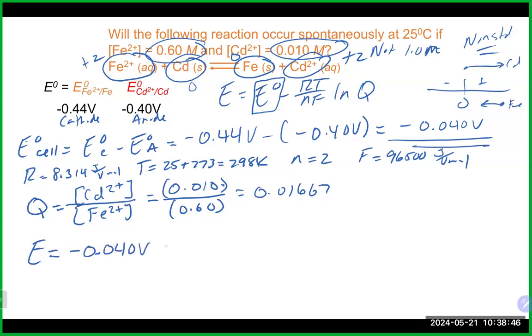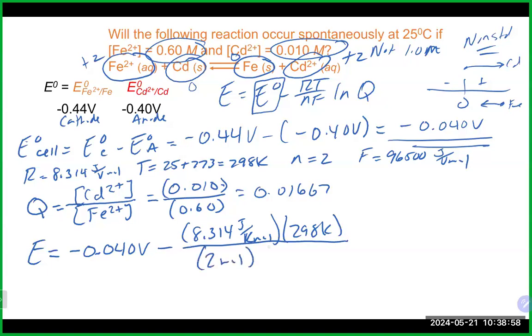Putting all that together now gives us E equals minus 0.04 volts minus 8.314 times 298 Kelvin divided by 2 moles times 96,500 joules per volt per mole, natural log of what we just had there.